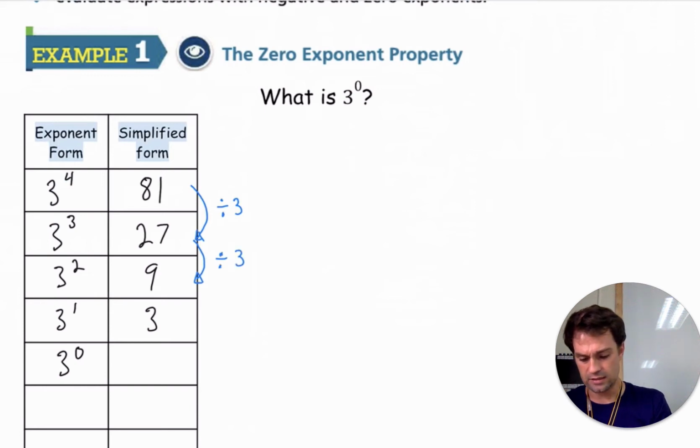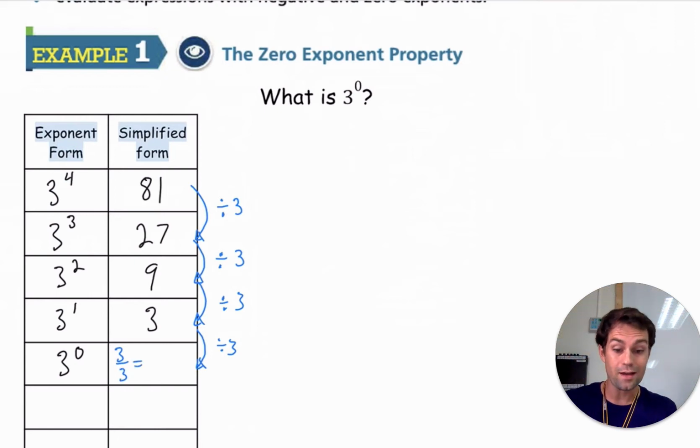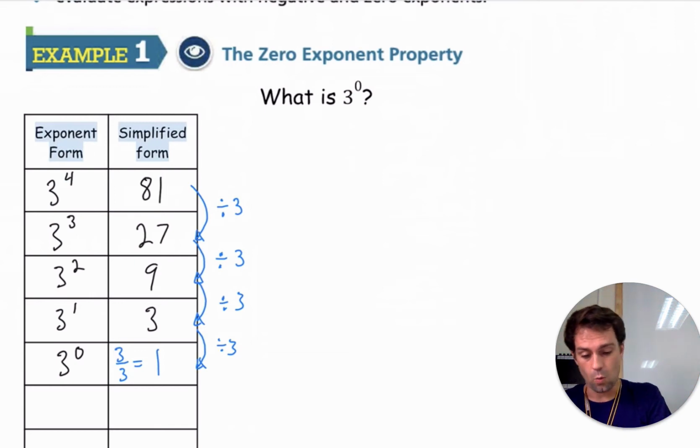And 9 divided by 3 gives us 3. So what is 3 divided by 3? What is that equal to? 1. Yes. 3 to the power of 0 is 1.